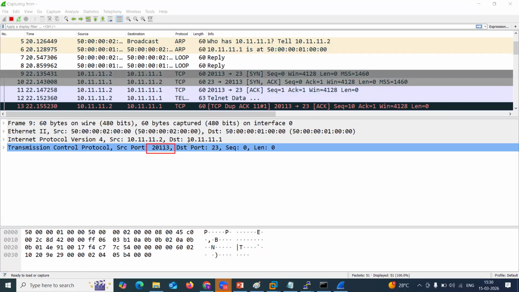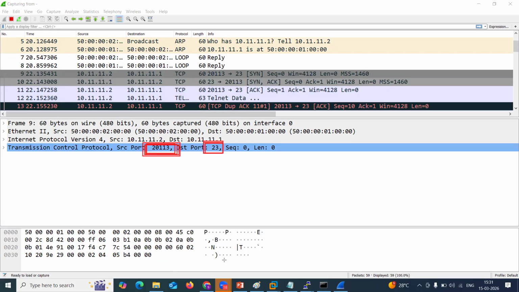And if you see destination port number, it is fixed. Source port number will keep changing as many times as you reconnect. This is called dynamic port. But the destination port you're trying to telnet will remain fixed. Why? Because you're trying to telnet.